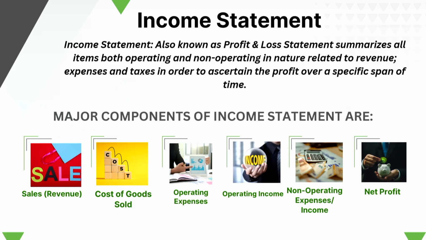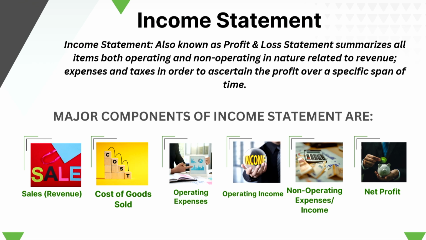To start with the financial statements, we first deal with the income statement. The income statement, also known as the profit and loss statement, summarizes all the revenue items, both operating and non-operating in nature, as well as the expenses.